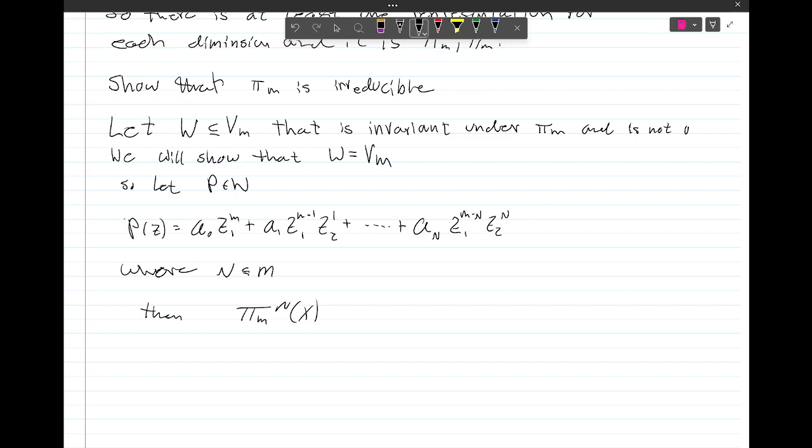So this just means n repeated applications of pi m x onto p will give us some constant multiple of z, wait, is that the direction I want to go? Which direction are we going?